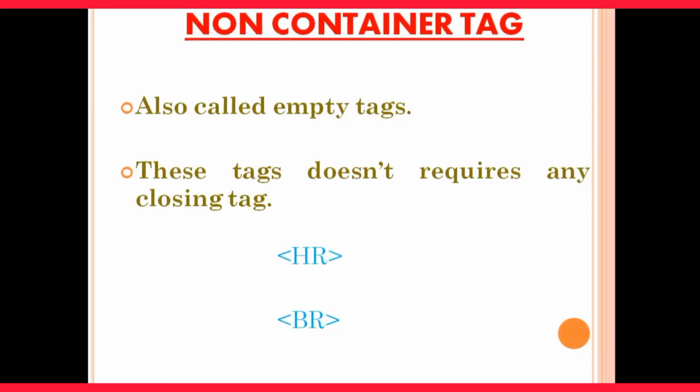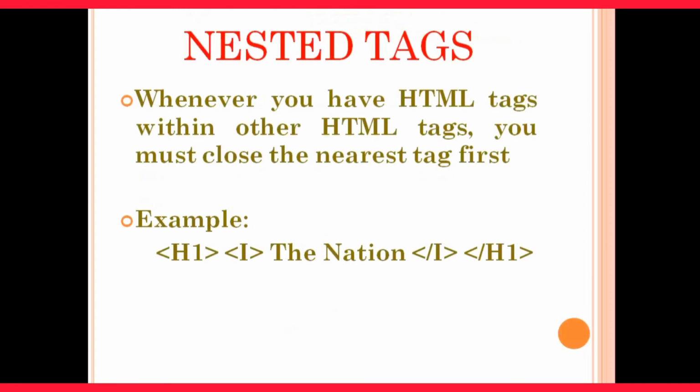Now the next is nested tags. As the name specifies, nested means a tag within a tag. Whenever you have HTML tags within other HTML tags, you must close the nearest tag first.